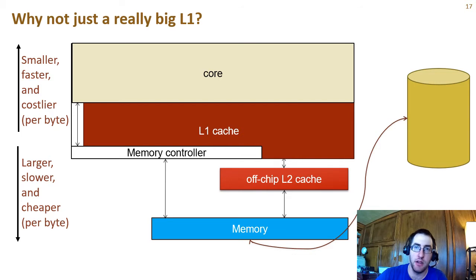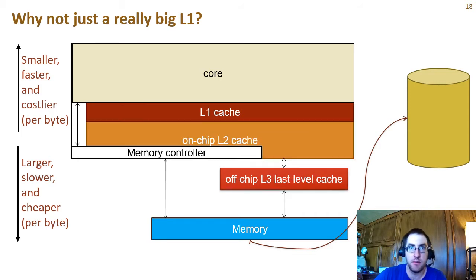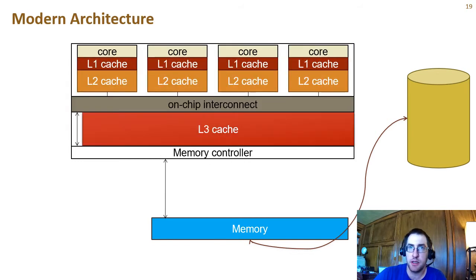So we can have a smaller, faster L1 cache and then a larger, slightly slower L2 cache. That will allow us to have more data closer to the processor at a lower cost on average than if we tried to do something else. And then we can have an on-chip L2 cache, on-chip L1 cache, and then an off-chip L3 last level cache if we need one. So these are 3 typical configurations you may come across.